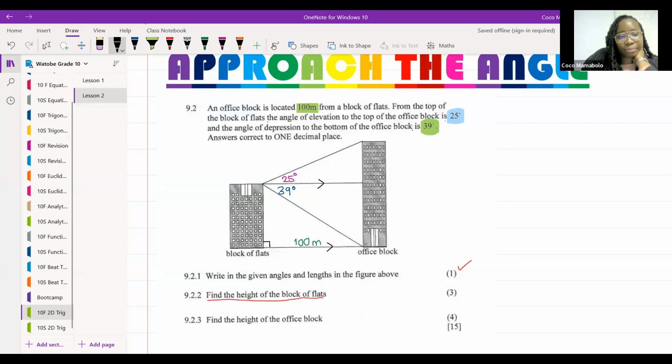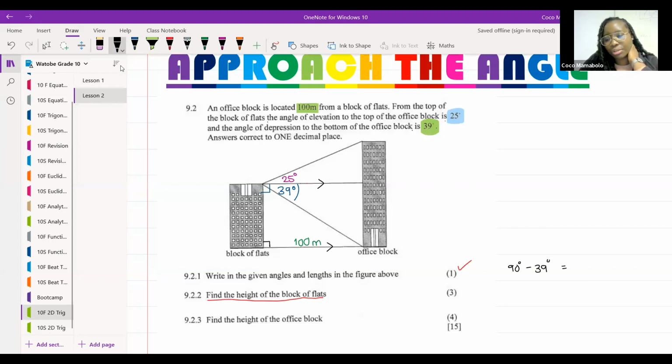So that angle right there by the 39 degrees, we are going to say 90 degrees minus 39 degrees, since originally this whole thing is 90 degrees.